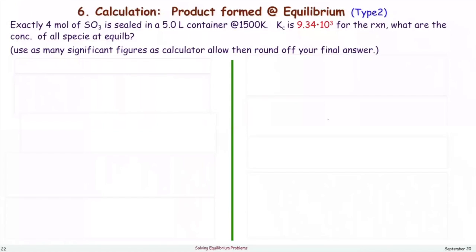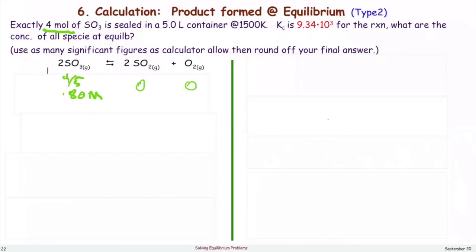It's basically the decomposition of SO3, okay? So in this particular case, we have 4 moles of SO3. 4 divided by 5 is 0.8 molar. We assume that there are no SO2 and O2 at the beginning.